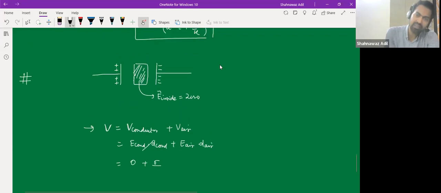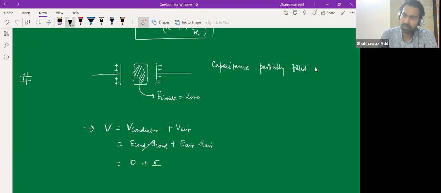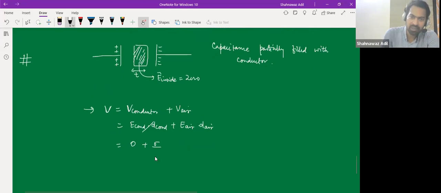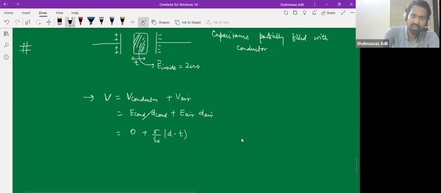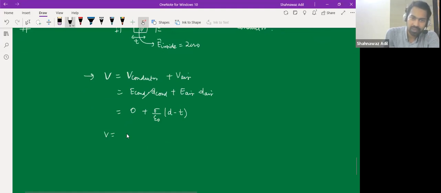So now we are calculating the capacitance partially filled with conductor, of thickness t. Following the same process, this would be sigma by epsilon naught, and this is d minus t. So the potential is sigma by epsilon naught times (d minus t).